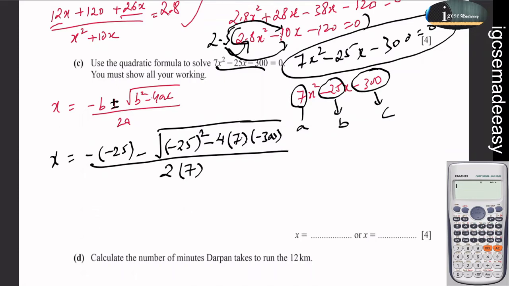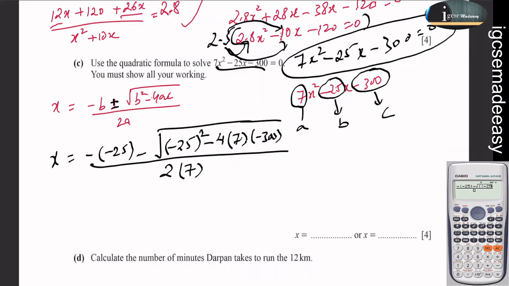Using the calculator we can do. Let's use the calculator. So I'll write like this: minus of minus 25, then minus under root, here I put a bracket, one more bracket. One bracket is to cover the whole under root, and the one bracket is for minus 25.